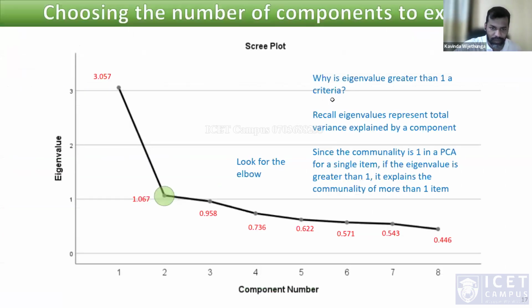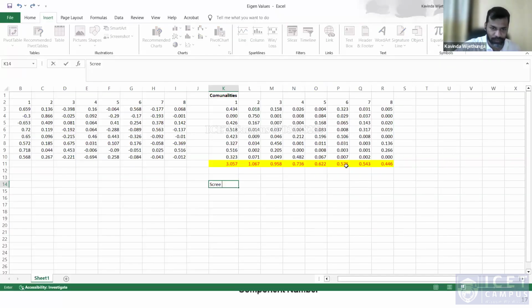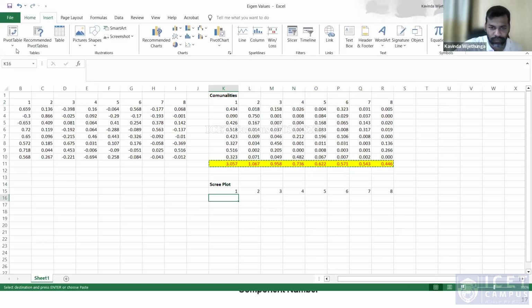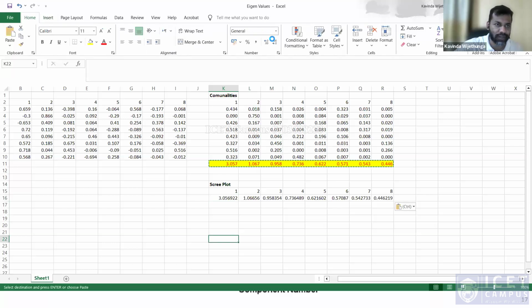Here this one, we need this one. Yeah, so then we can draw the report like this, insert recommended graphs.